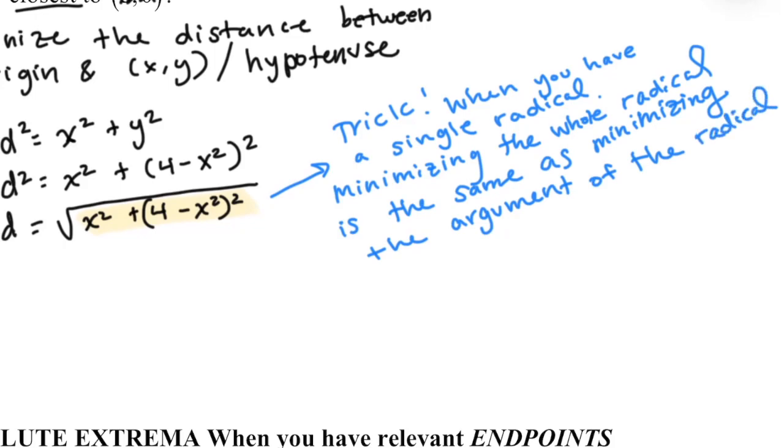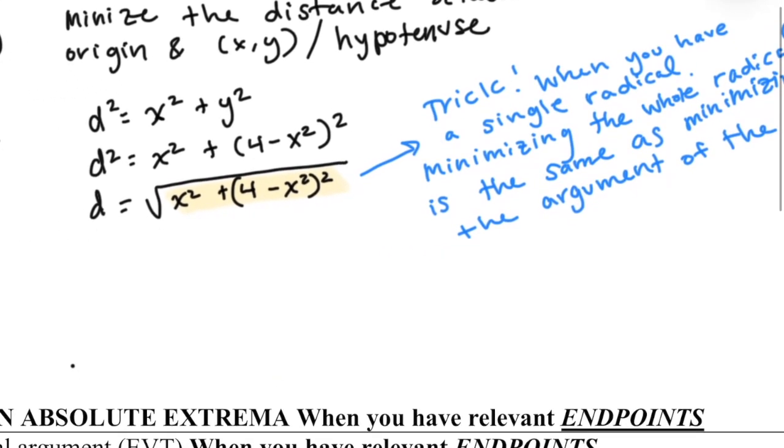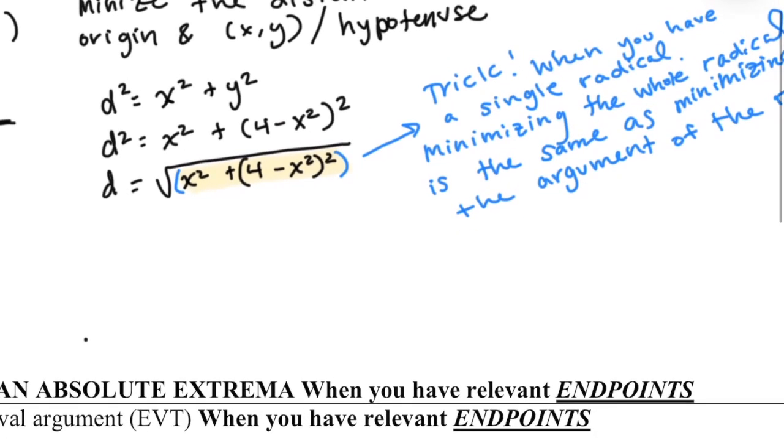Okay, so pause me and read that again. So if I just have the square root, what I really just have to simplify is the argument, which is this highlighted part inside of the square root. So that makes it so much easier because then I don't have to take the derivative of this big ugly square root.